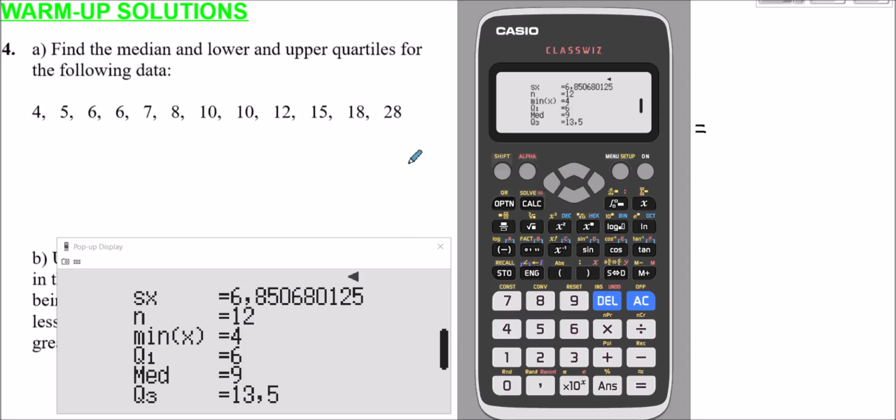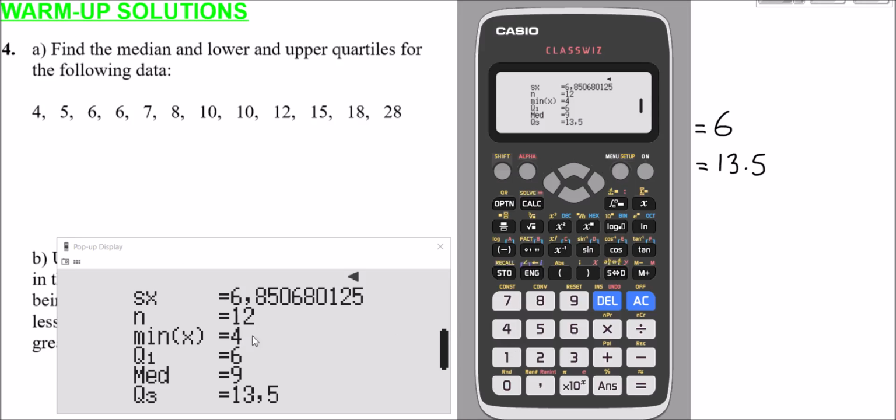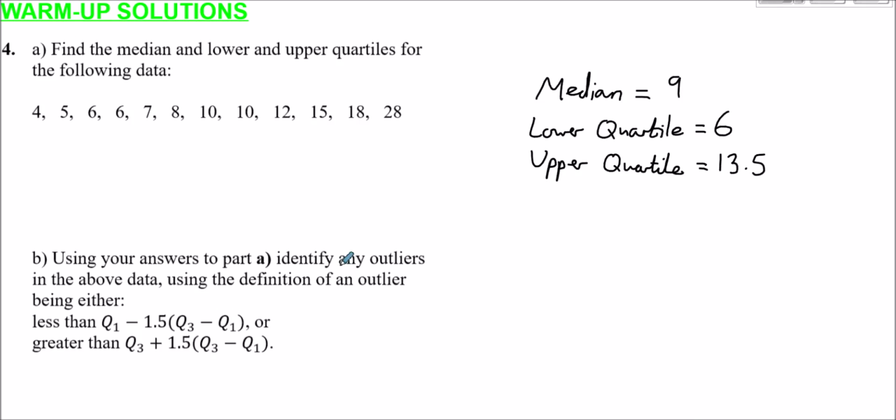Lower quartile was 6, yes. And the upper quartile is 13.5. So 9, 6, 13.5, just as the calculator says here: 9, 6, and 13.5.